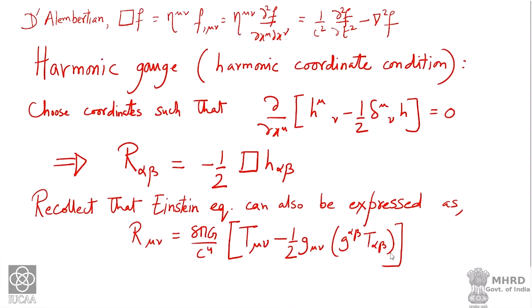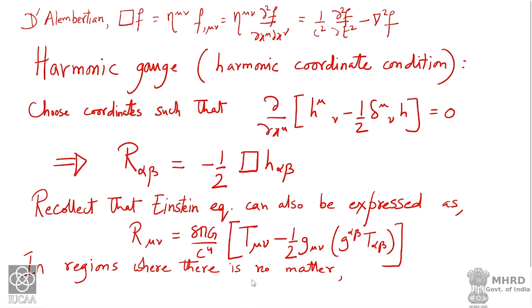Therefore, when you do not have any energy momentum tensor, that means in those regions where there is no matter, in other words, what are those regions where there is no matter?